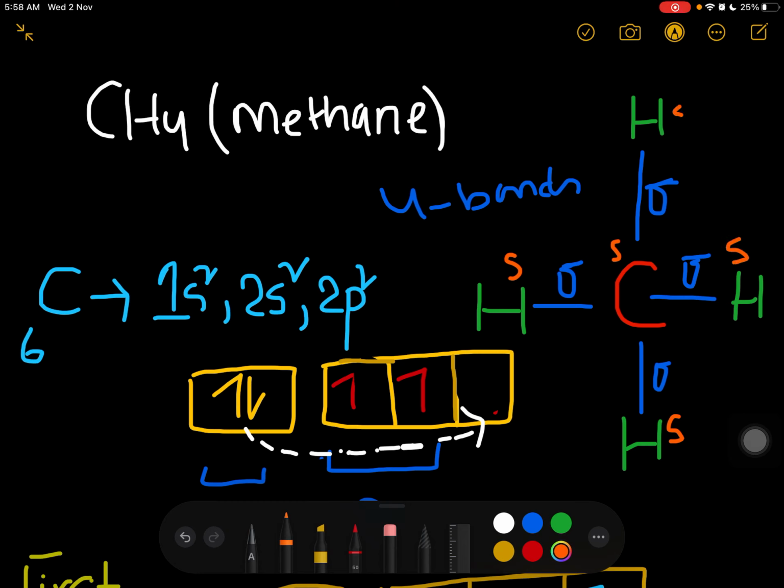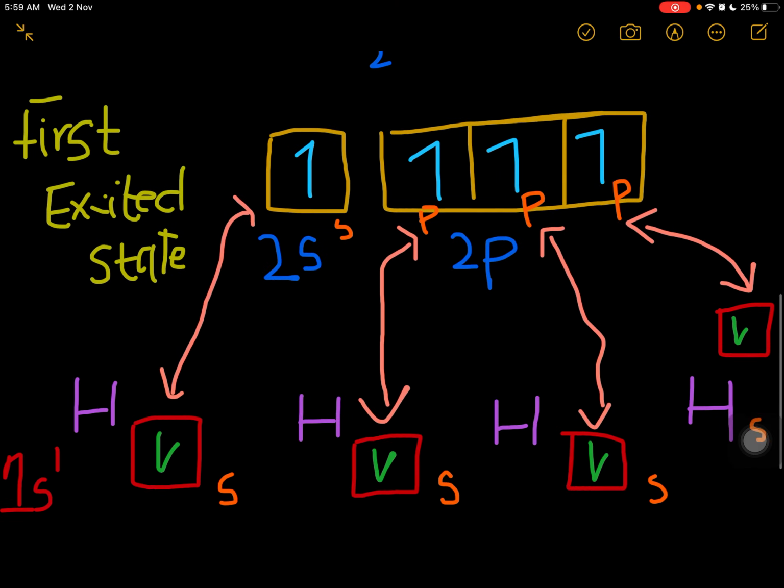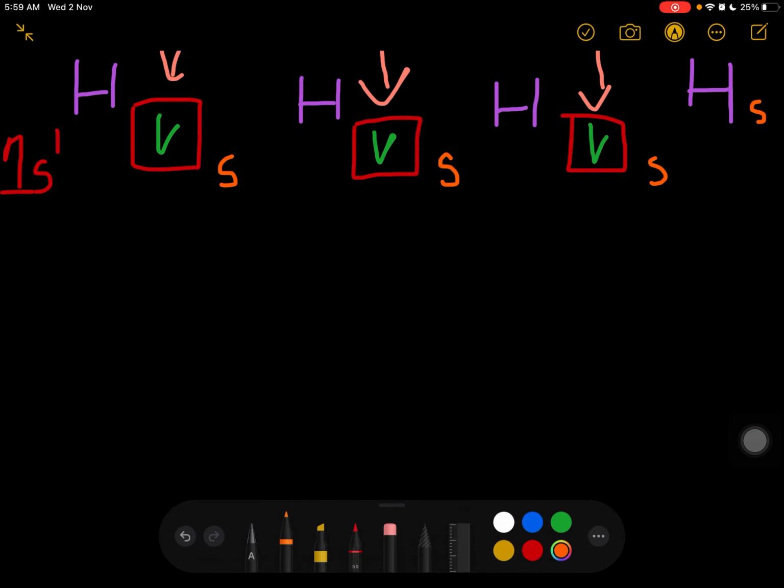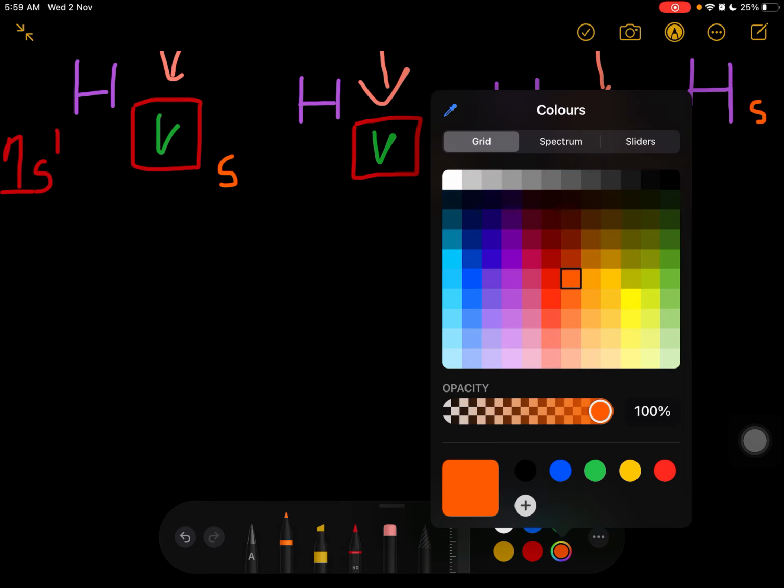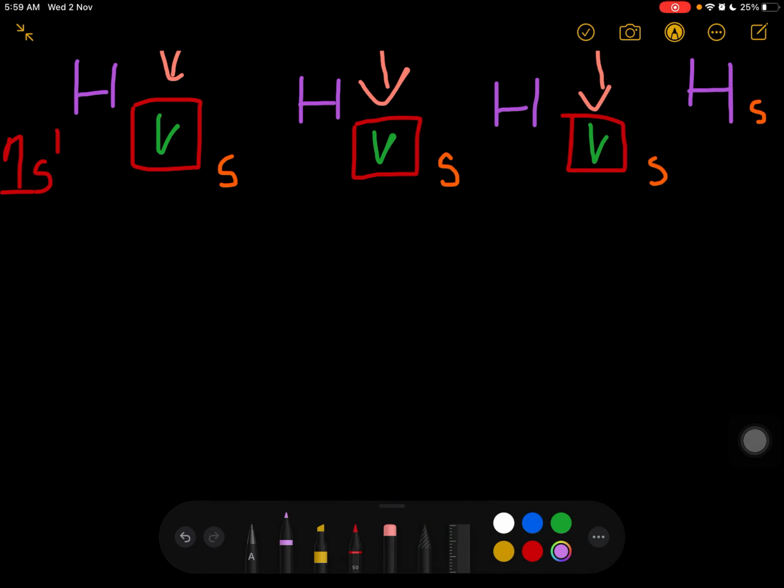Carbon has used its s1, now it will use its p, p, and again p. I hope this is clear to you. But now let's look at how many types of bonds there are: first an SS bond, then SP, again SP, and SP again.